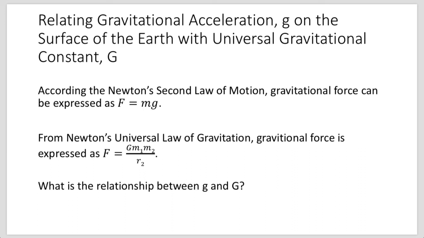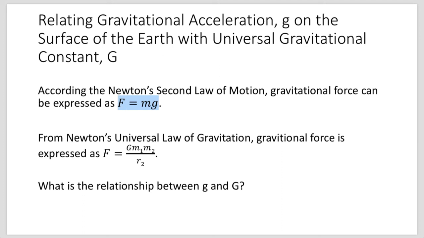Basically, a very easy way for us to show the relationship is by using the formula for these two different values. So according to Newton's second law of motion, gravitational force can be expressed as force equals mass times gravity, or gravitational acceleration. We learned about that.